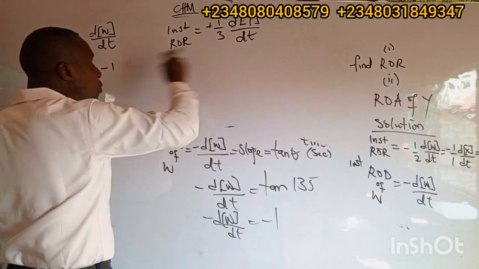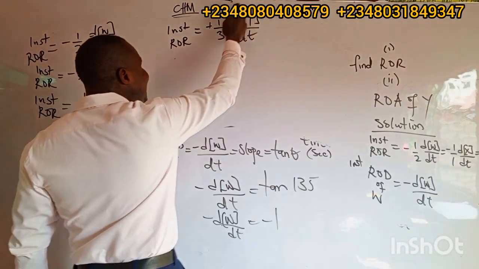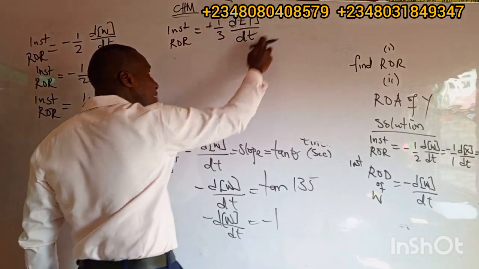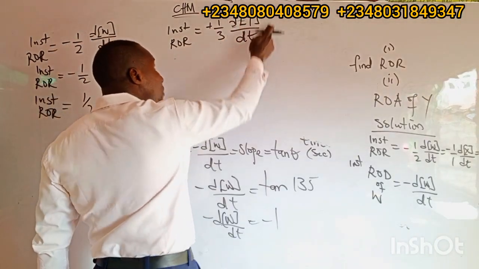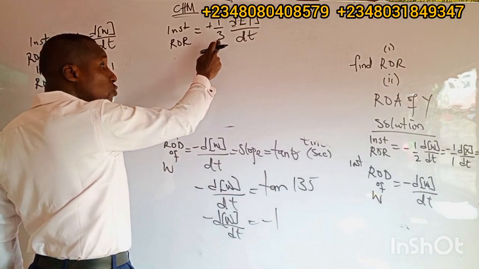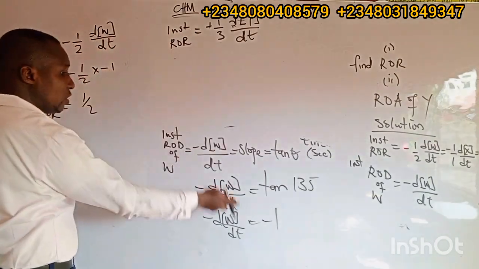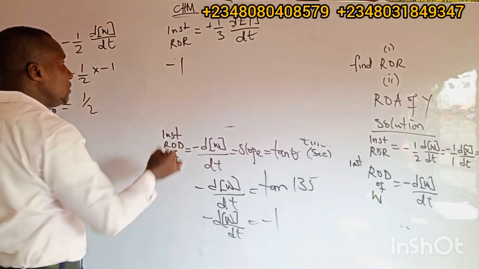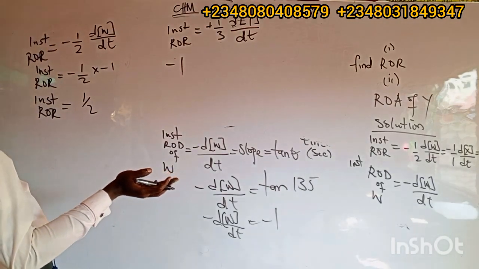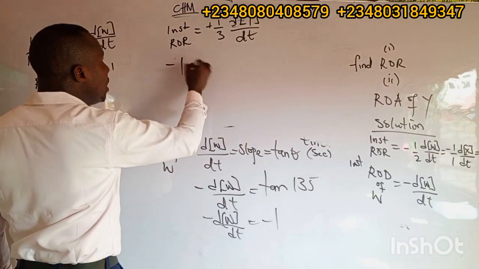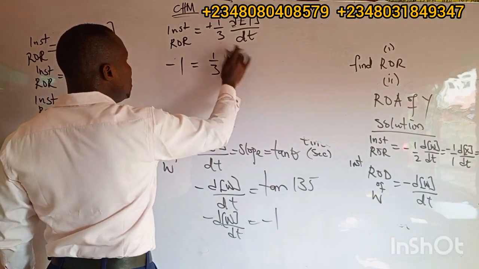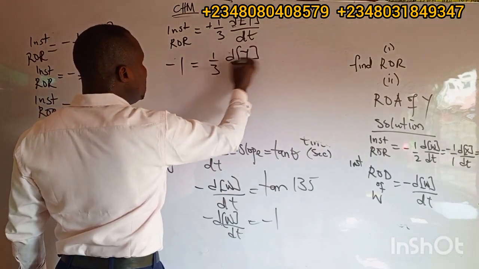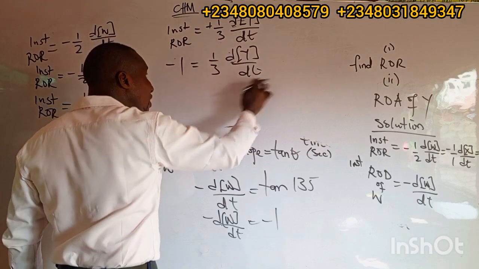The question says calculate the rate of appearance. This is just the rate of appearance without the stoichiometric coefficient.